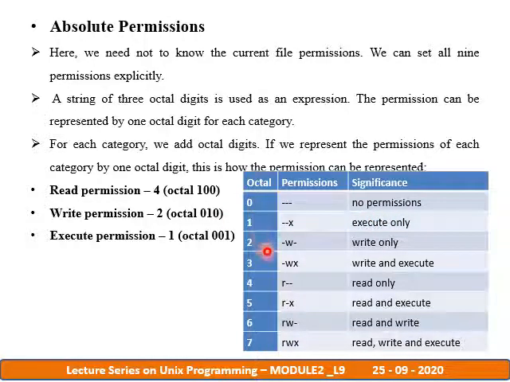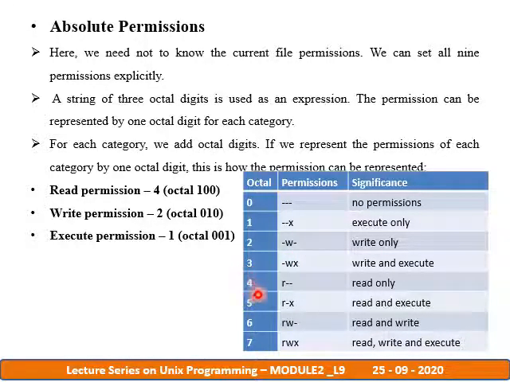Then octal 2 will be represented as hyphen W hyphen, which indicates write only. This is 010 in binary. Next, 3 is represented as 011. So 011 indicates write and execute permission. Write and execute permission means it is 3.